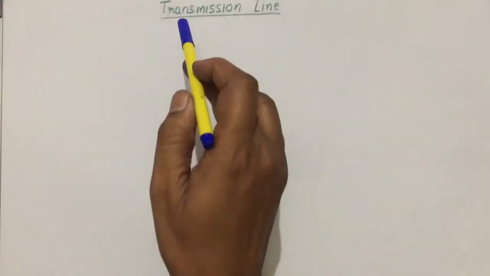So transmission lines are considered in this discussion, and we know transmission lines are commonly used in power distribution at low frequencies. We have studied this in different courses, and in communication at high frequencies.